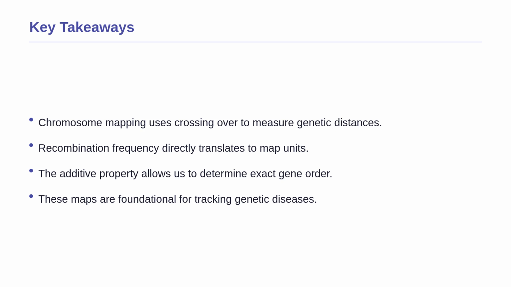Finally, by applying the simple additive property of distances, we can piece together the exact linear order of multiple genes. You have now mastered the foundational key to understanding how traits are linked together and how genetic diseases are tracked across generations.